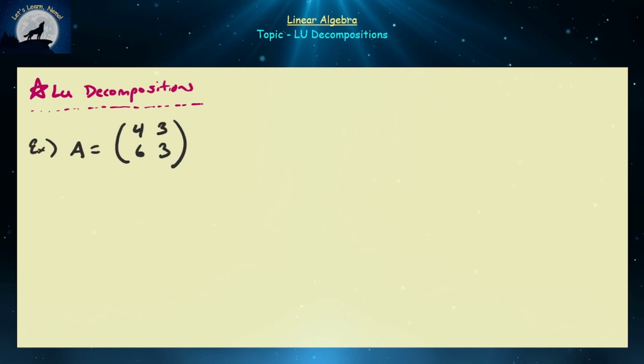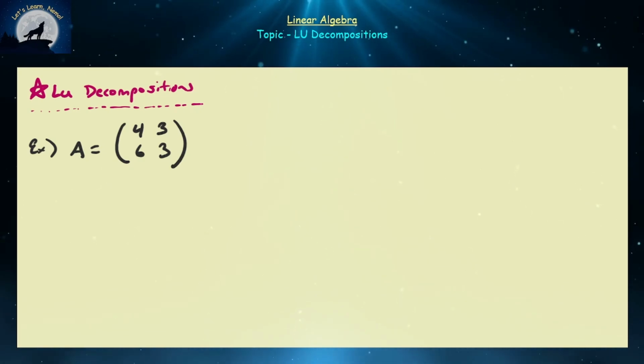So what exactly is an LU decomposition? Let's take, for example, the matrix A equal to 4, 3, 6, 3. I want to give you the heads up, not every square matrix has an LU decomposition either, just like not every matrix has an eigenvalue decomposition. So does this particular matrix have an LU decomposition?